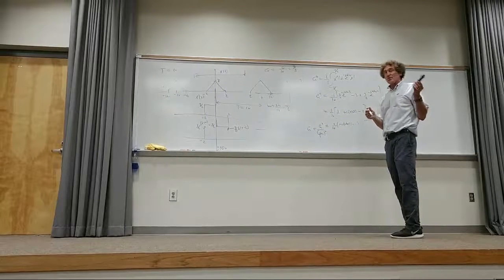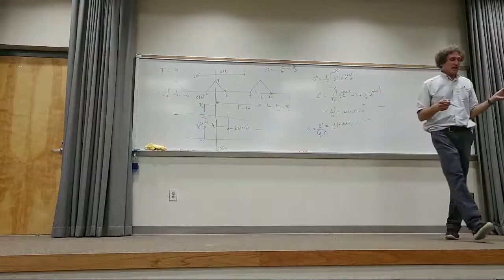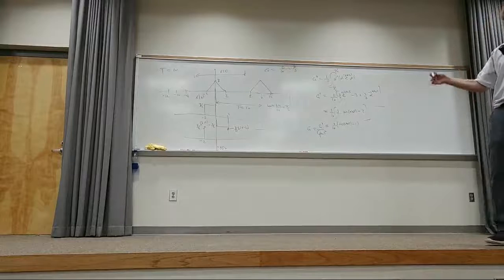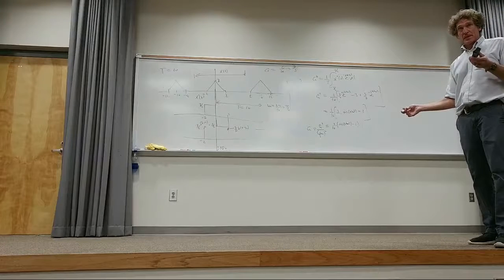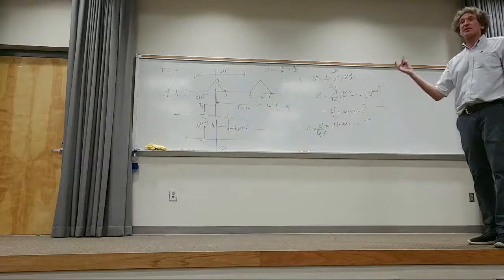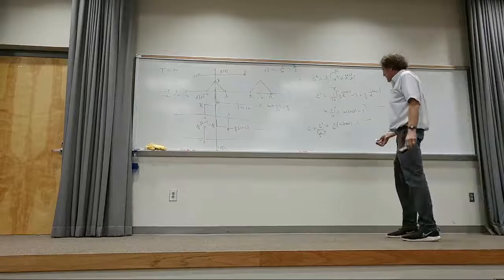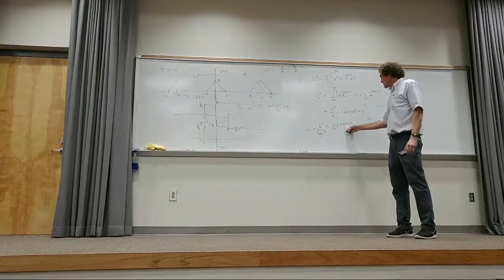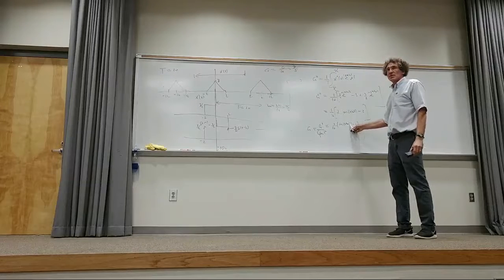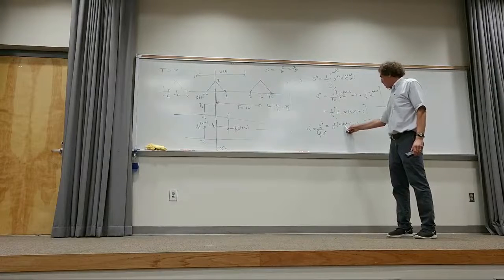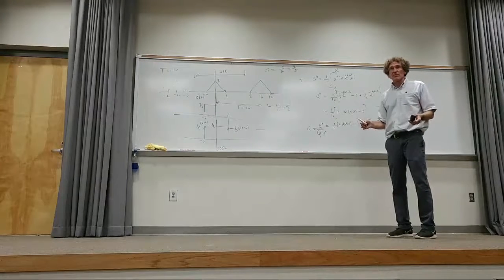Now, after that, usually, and I will do this on the final exam, I ask people to evaluate it for a certain value of n. And I choose one that's going to have a very clear answer, something easy. For instance, for this one, if I chose a value of n such that this argument would be 0, 2 pi, 4 pi, the cosine of that would be 1. 1 minus 1 is 0, the answer would be 0. Follow me?